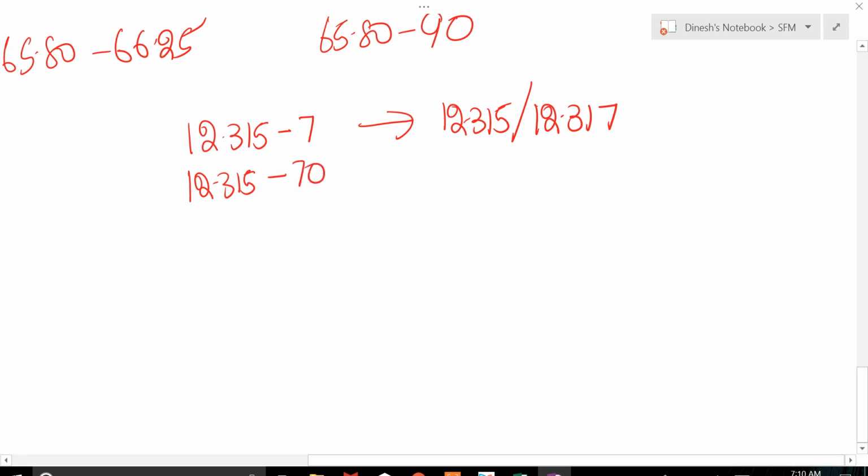12.315/70 will be interpreted as 12.315/12.370.